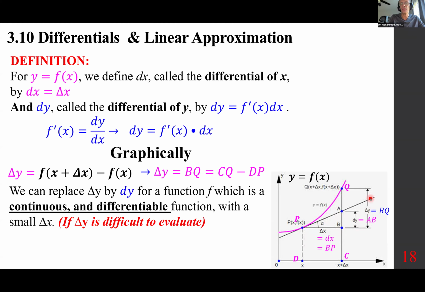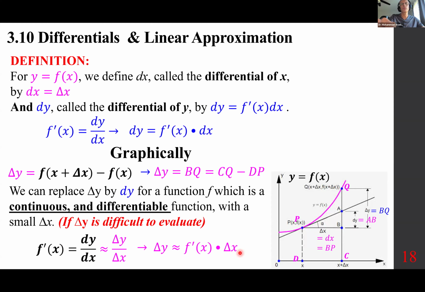However, if dx or delta x is small, dy and delta y are extremely close, and we do that if delta y is difficult to evaluate. So f prime of x is dy/dx, which can be approximated by delta y over delta x, and delta y would be f prime of x times delta x or dx.